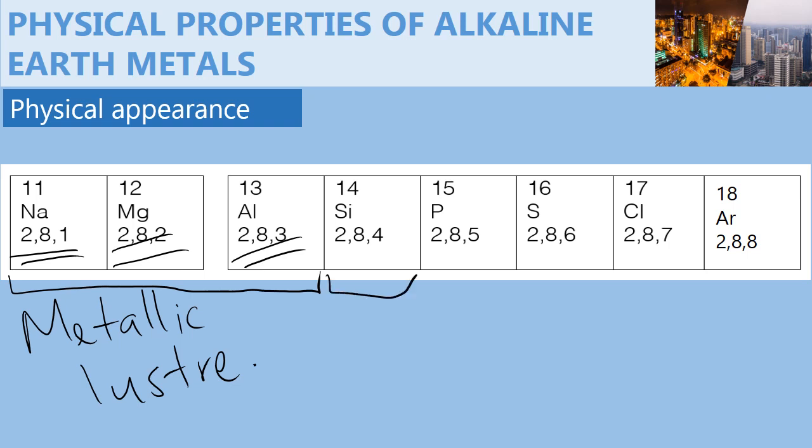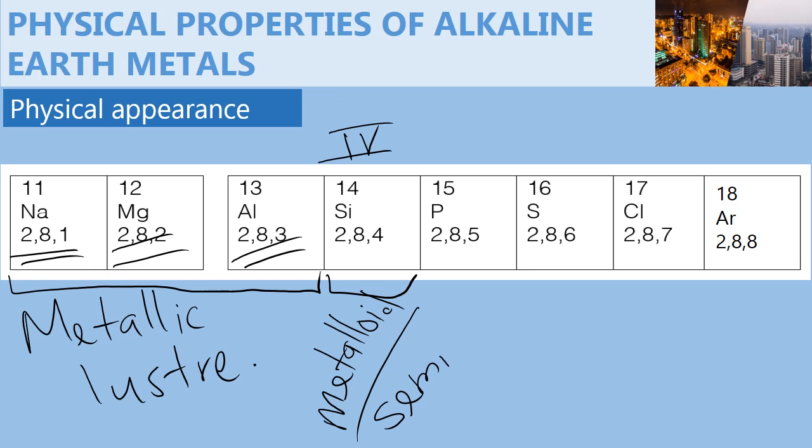Silicon is in group 4 and it is usually categorized as a metalloid. A metalloid means a semi-metal.